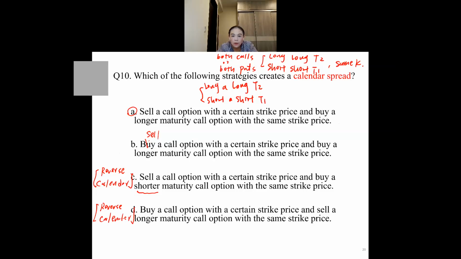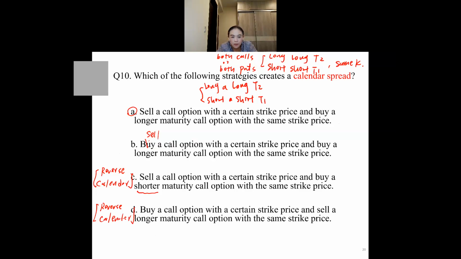Second one, buy a call with a certain strike and buy a longer maturity call with the same strike. No, one is short, one is long, right? So correct the first buy to sell. C, sell a call with a certain price, buy a shorter. No, you should buy a longer.